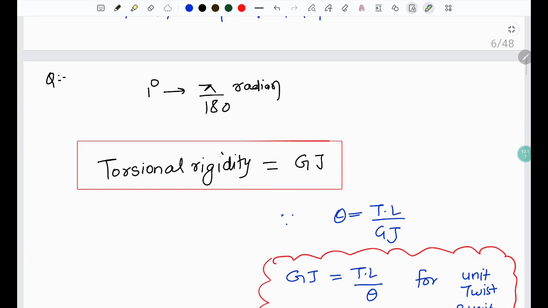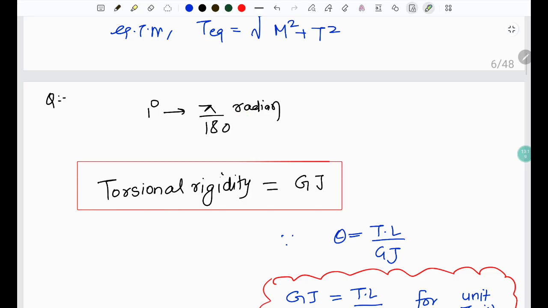Now let us see, 180 degrees is pi radian, therefore 1 degree can be written as pi by 180 radian. Torsional rigidity is given by GJ. Similar to the torsional rigidity, we had the bending rigidity as EI, and the axial rigidity as AE.